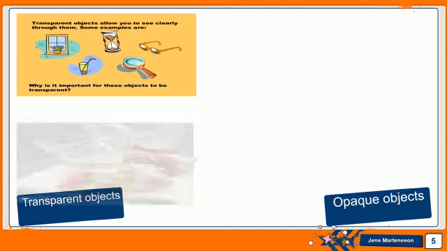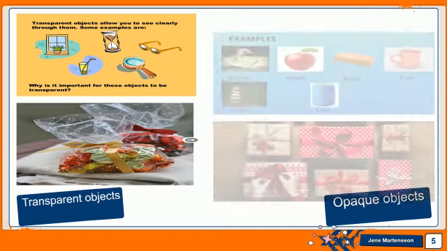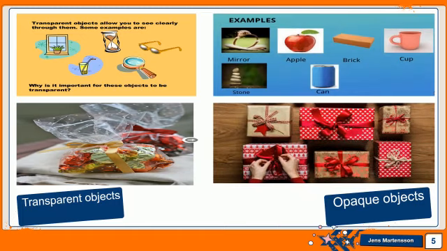Now look at this picture below. What is this? Yes, this is gift wrapper. And through this transparent gift wrapper, we can easily see what is inside. So, through the transparent object, we can easily see what is inside.